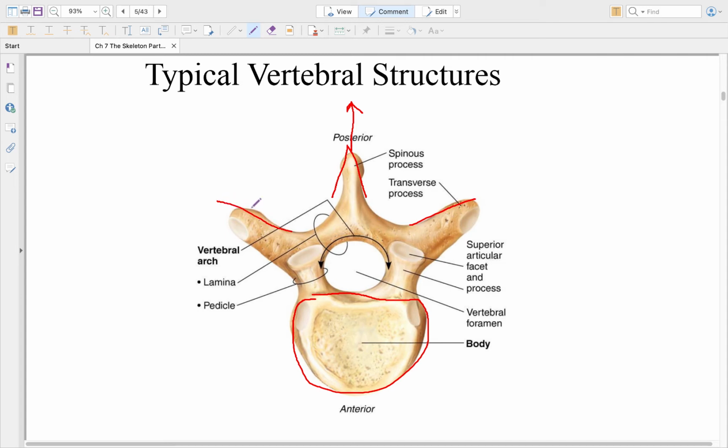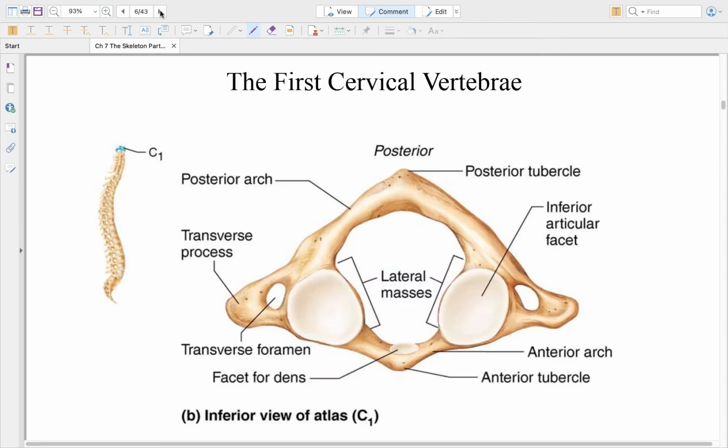It means side to side. The lamina is this region. The pedicle here and here. The superior articular facet, the vertebral foramen. You want to know all of the bone markings.